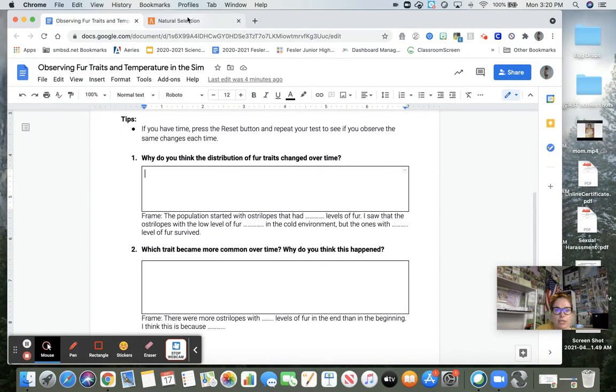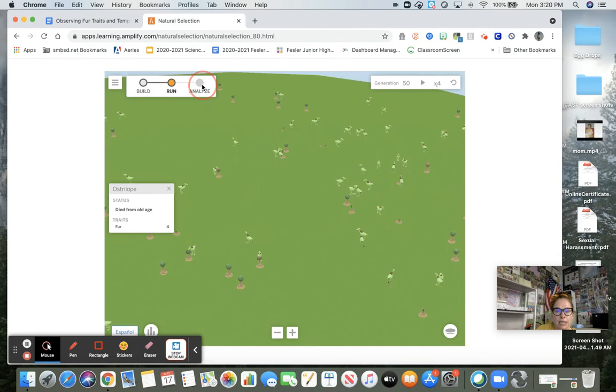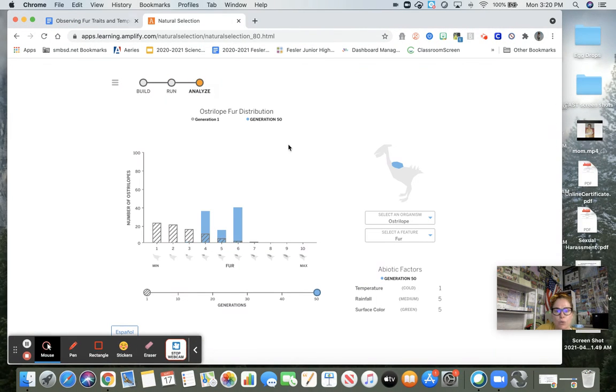So let's look at our analyze. One thing is that we need to understand the graph. This is the level of fur. We started out with most of our Australopes having level 1 and 2, with one having level 7. The blue is what we ended up with. I can even go back; this was my starting population on this slider down here.